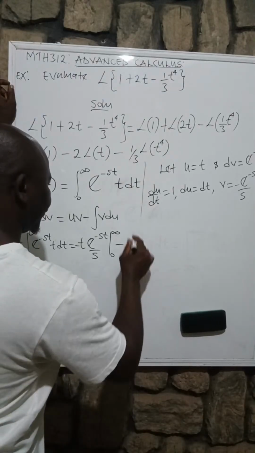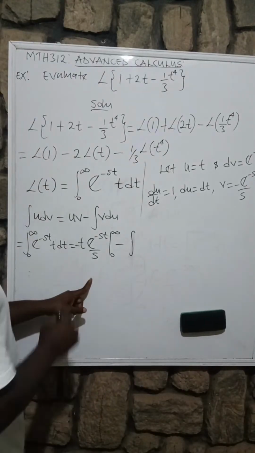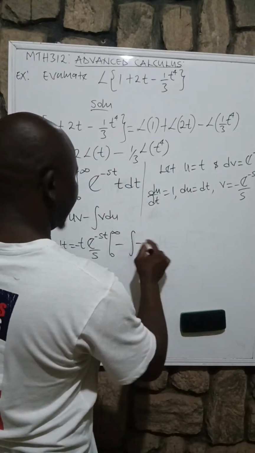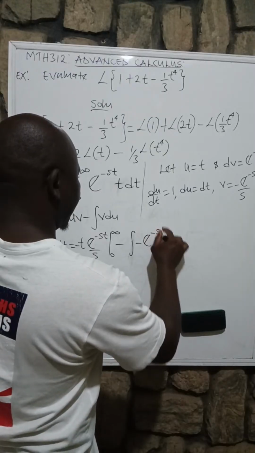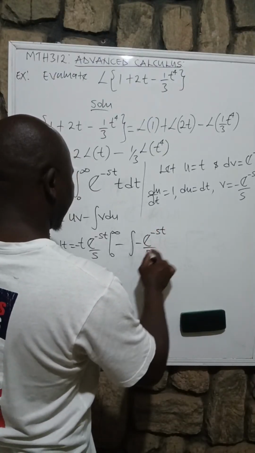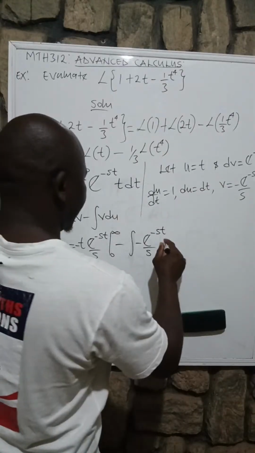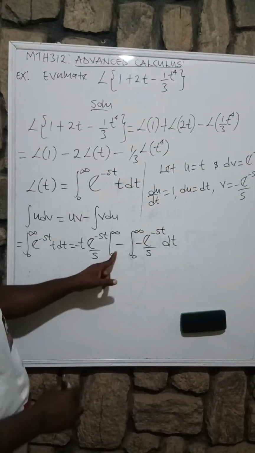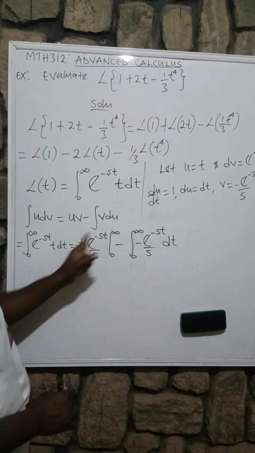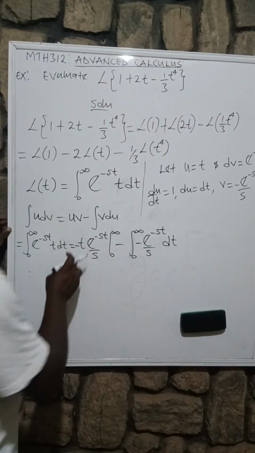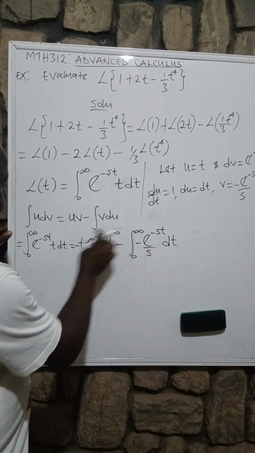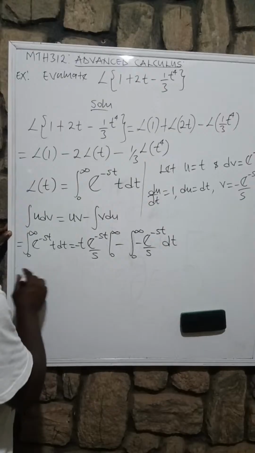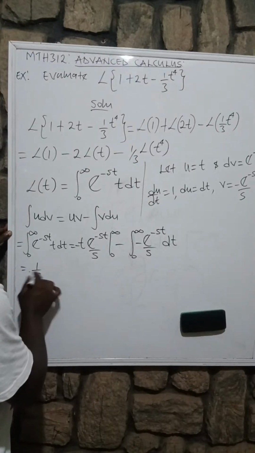So you can now see that everywhere will be 0. Sorry. So here now, the ordinary v is minus exponential of minus st all over s, times du, that is dt, right, from 0 to infinity. So the whole of this will be 0. No, it cannot be 0. This one will be 0 minus, it means we are going to have 1 all over s, true or false.